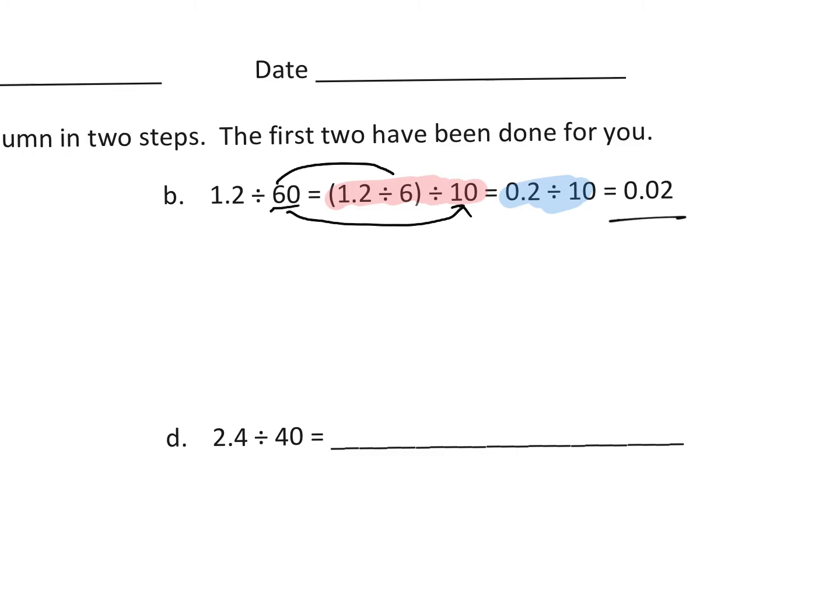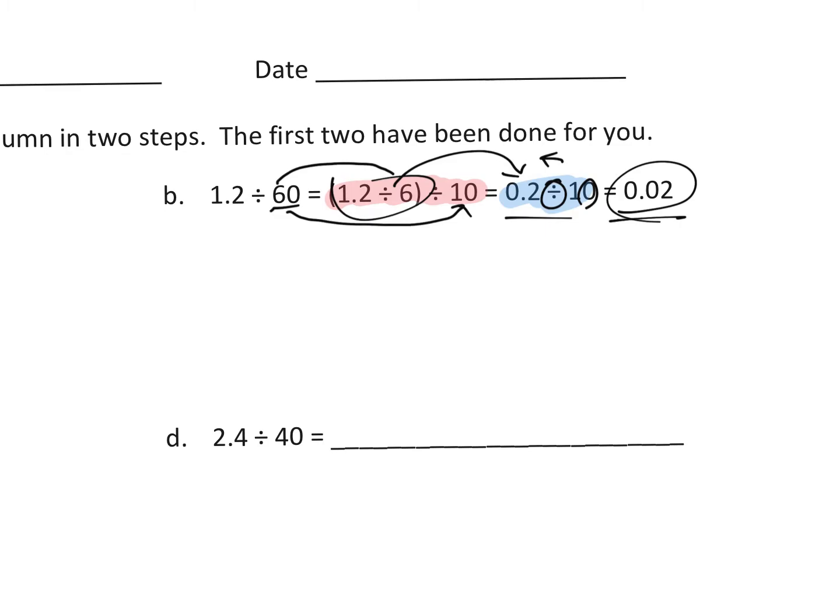And then I move that over, and I have a 0.2 because this became 0.2 divided by 10. And then at this step, all we're doing is moving the decimal to the left 1 time, and that gives us our answer, 0.02. Let's do a couple more, and then I'll have the answers pop up for you real quick.